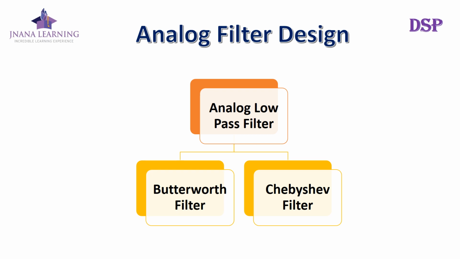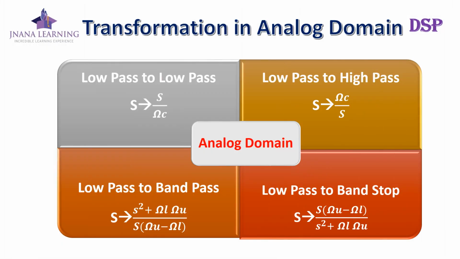The two design methods for the analog low pass filter are Butterworth filter and Chebyshev filter. By using the Butterworth filter design or Chebyshev filter design, we will find the analog filter transfer function for a normalized low pass filter.